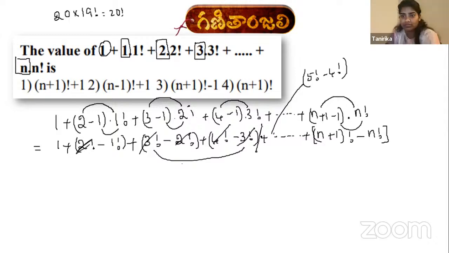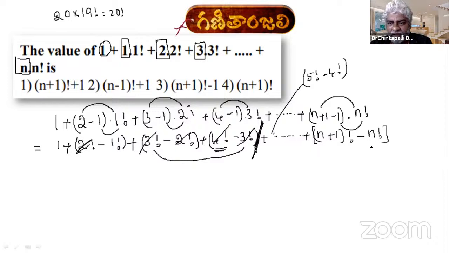If the series ends here, we cannot cancel 4 factorial, since it cancels with something in the next term. If it ends here, 4 factorial remains uncancelled. But minus 3 factorial cancels with the previous term.